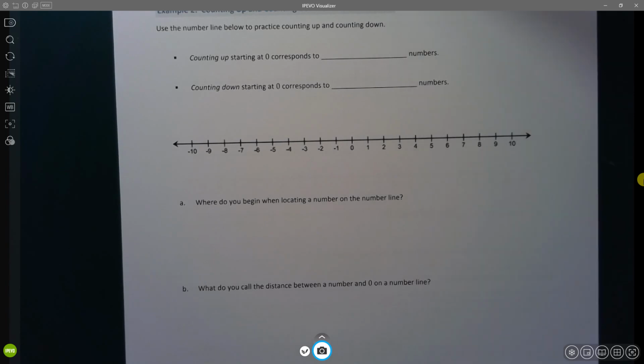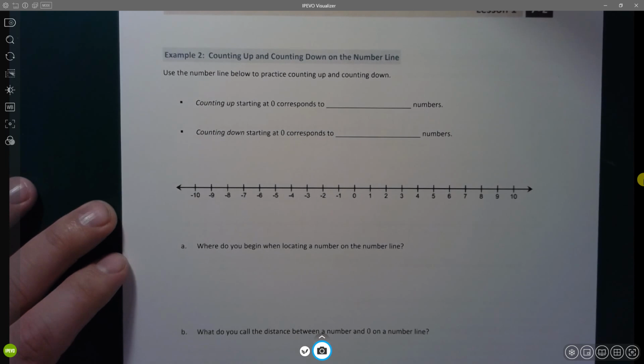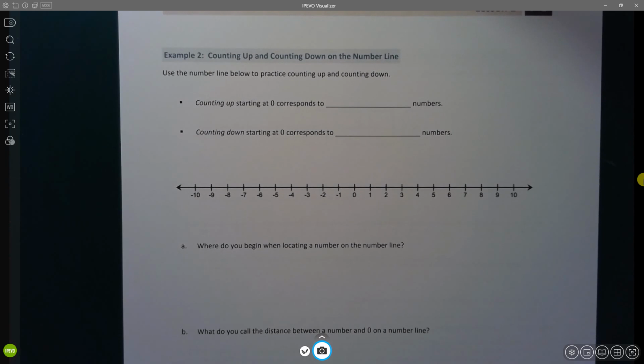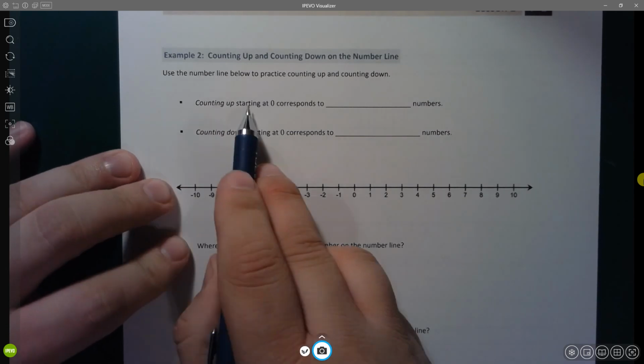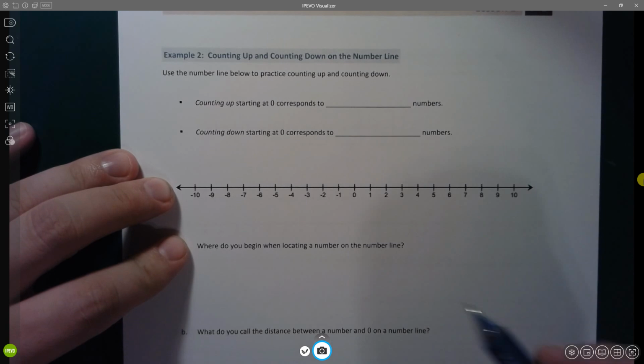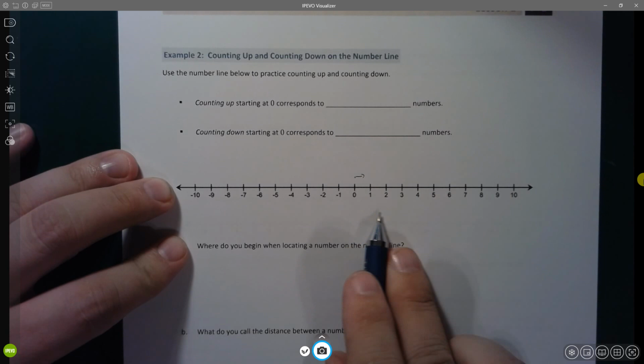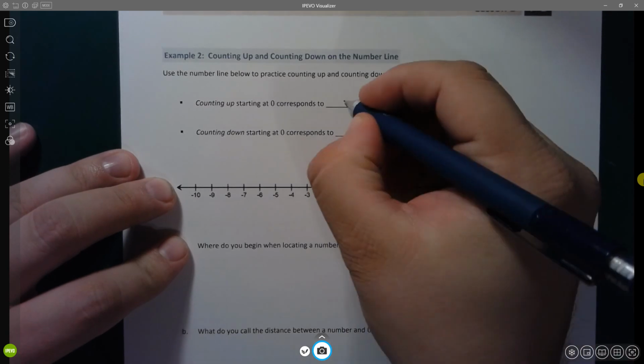Counting up and counting down on the number line. Use the number line below to practice counting up and counting down. Counting up starting at 0 corresponds to what? If we start at 0 and count up, we're talking about positive numbers.